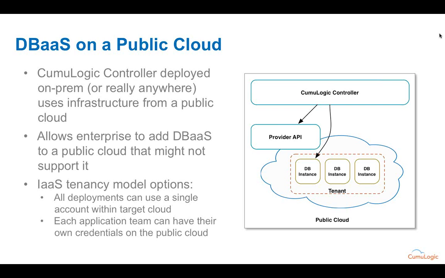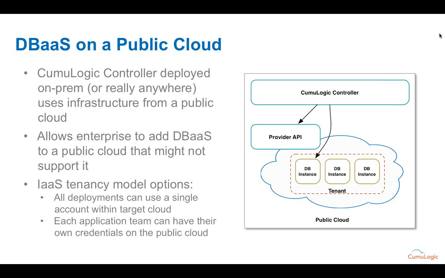Within our controller, though, since we do have very much the notion of multi-tenancy baked into it, you could also give each application team their own credentials to the approved public cloud that you want to point them at, and then map those credentials to their CumuLogic accounts as well. And then each database that's deployed would be within the tenant that was created for each application team.